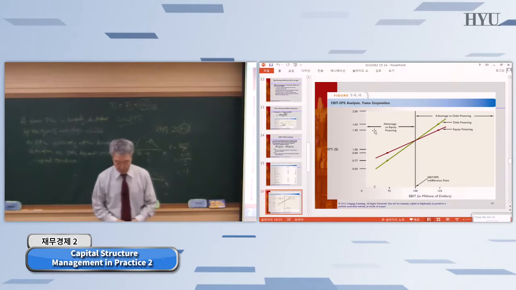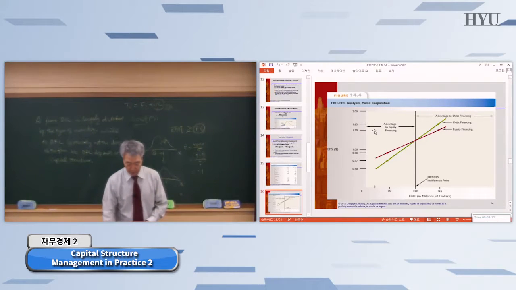Okay, so the question here is, at some point, because we have one steeper line and one flatter line, they're going to cross each other. If they cross each other, what that means is at that particular level of EBIT, the EPS will be the same.